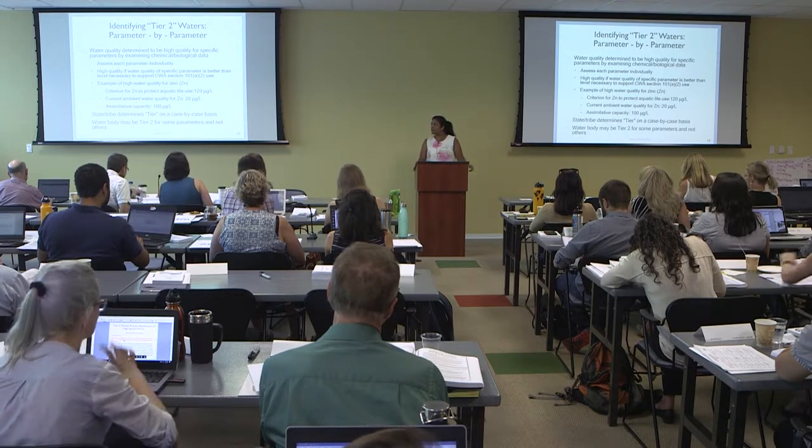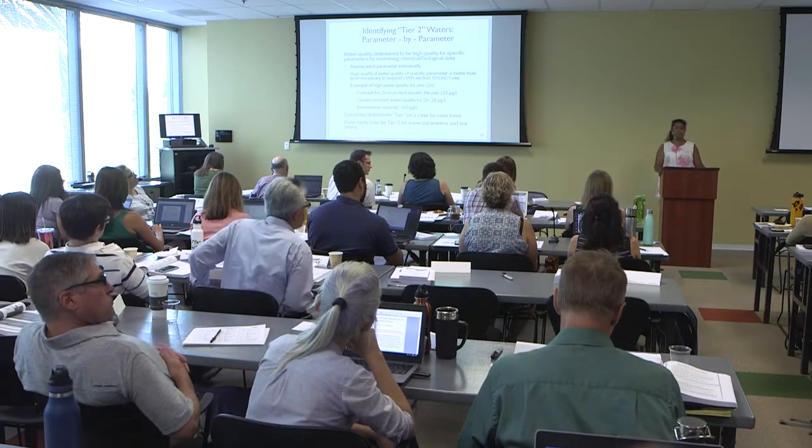There's no rule that it has to be more. If you're right at the criterion for all the other parameters and it's only one parameter for which you're doing better, that's fine. That is one of the advantages of a parameter by parameter basis, that you're still protecting it parameter by parameter, even if it's just one parameter.